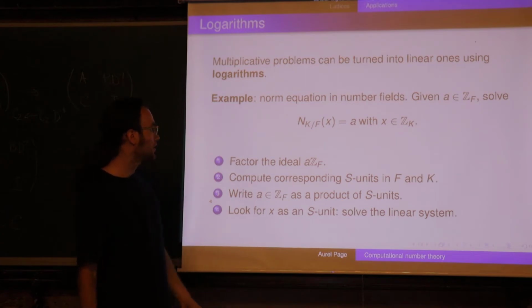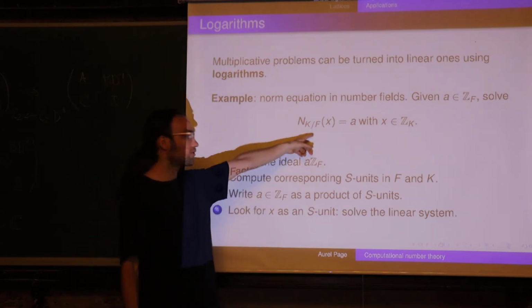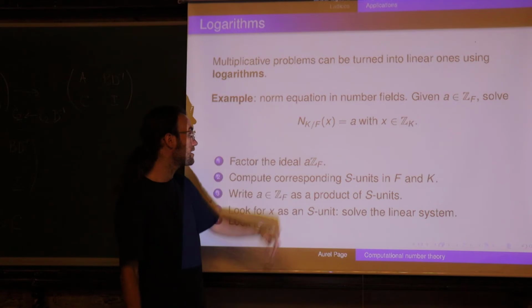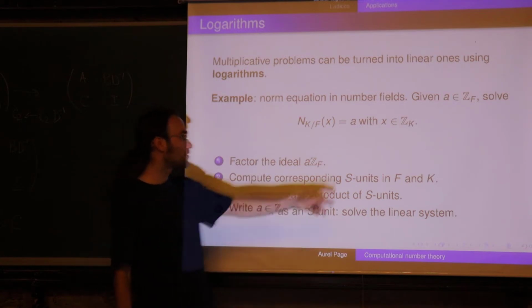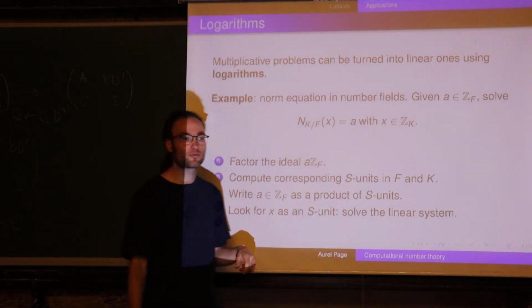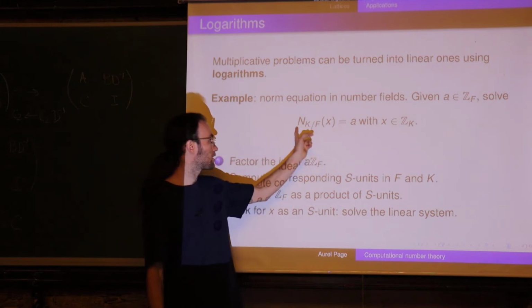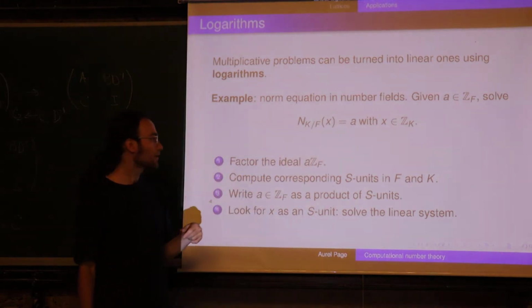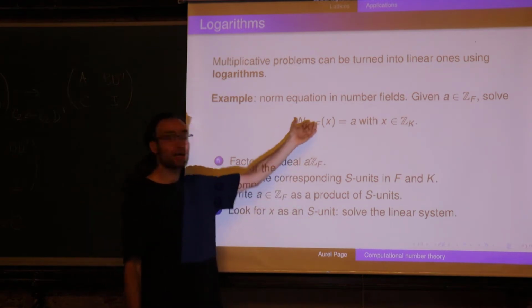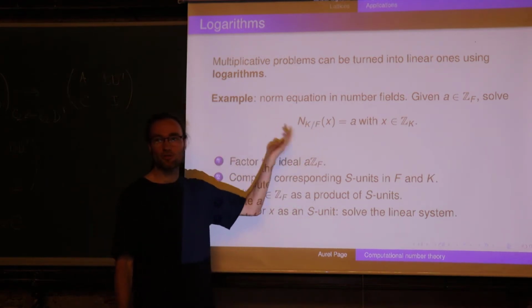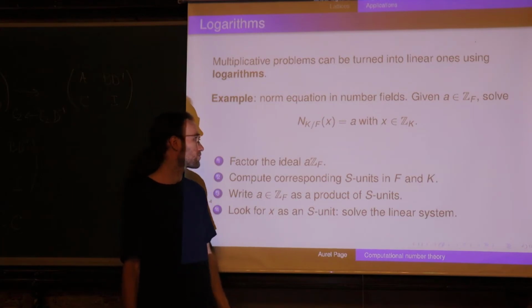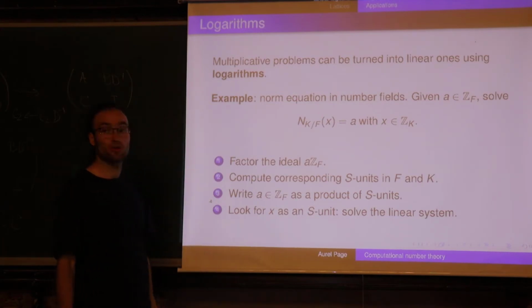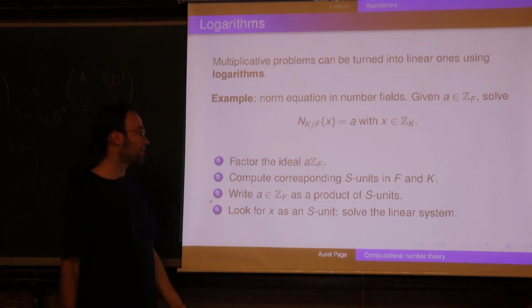You're given an extension between two number fields, F and K, and an element A in the small field, and you're supposed to solve the equation norm F over Q of x equals A. So this is clearly a multiplicative problem, and so we want to use some kind of logarithms to reduce it to linear algebra.